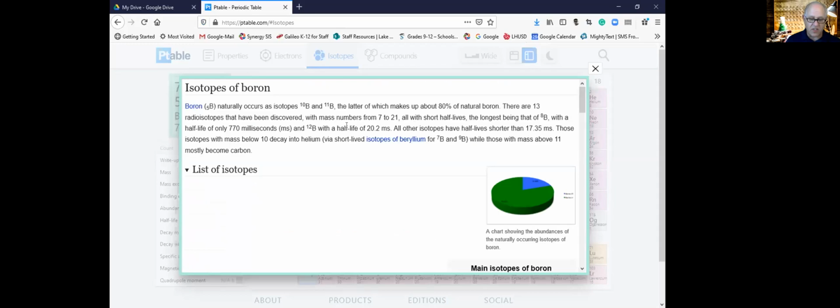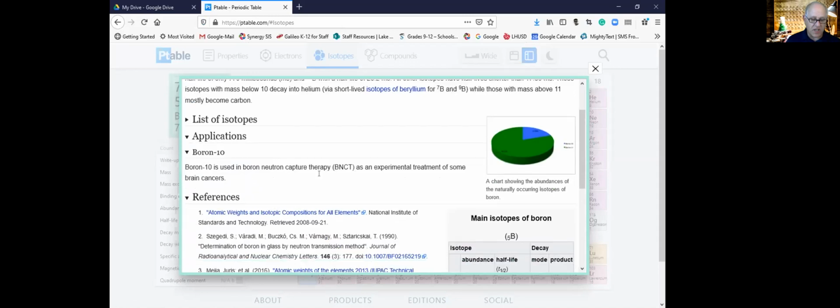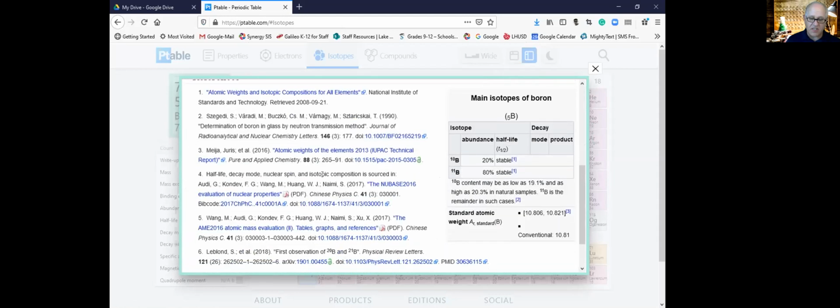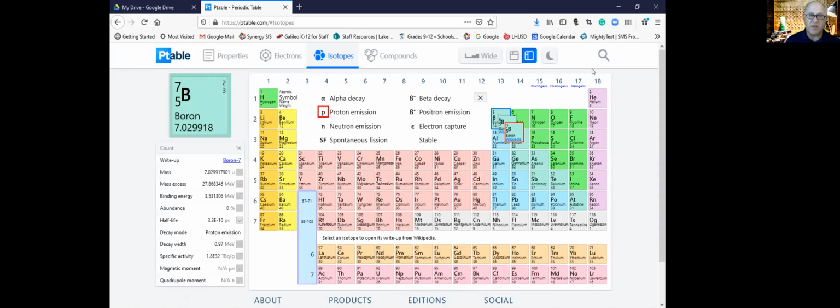You can also look at the different information about boron. You can list the isotopes, boron 10, and so there's lots of information available on p-table. And I'm going to want you to spend a little time practicing with that. You can noodle around on there and see different pieces of information.